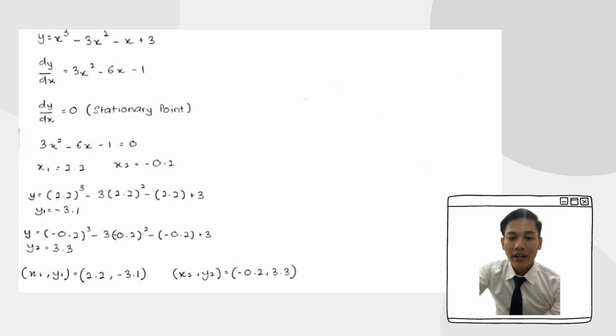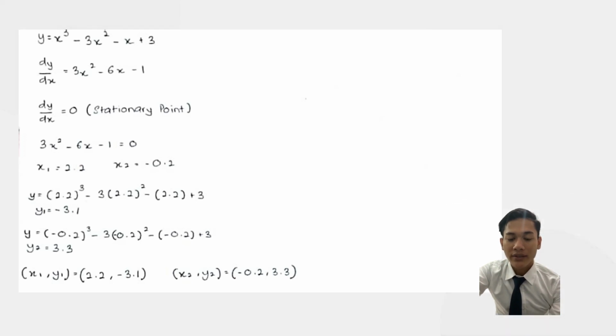So y equals, open bracket 2.2 close bracket to the power of 3, minus 3 open bracket 2.2 close bracket squared, minus open bracket 2.2 close bracket, plus 3, and you get the answer y1 is negative 3.1.